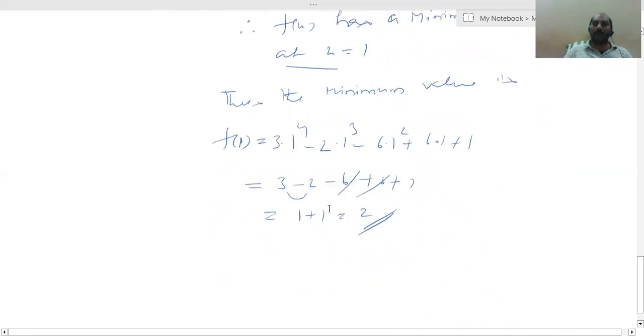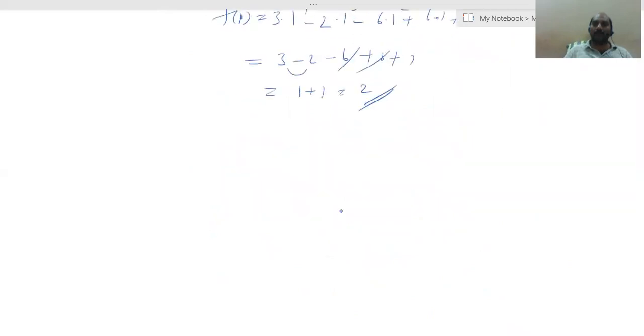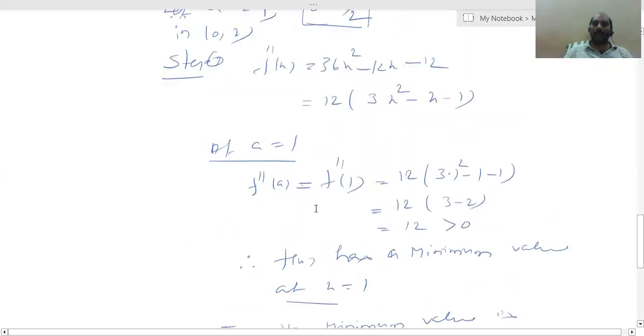Now we are going to test. This time verify at x equal to 1 by 2 because it is also a root of f dash x. That means you substitute the value in f double dash x. F double dash of 1 by 2.